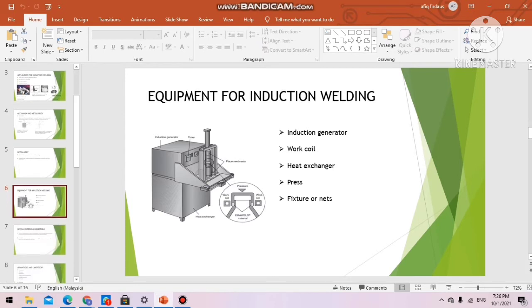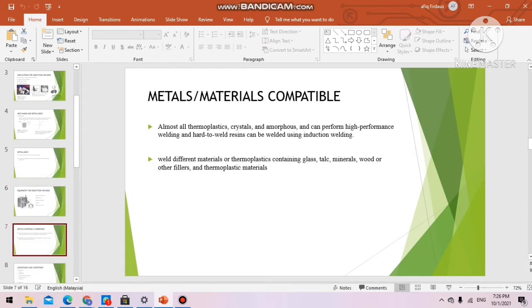For the equipment for induction welding, the first one is the induction generator, then the work coil, heat exchanger, press, and fixture or nests.